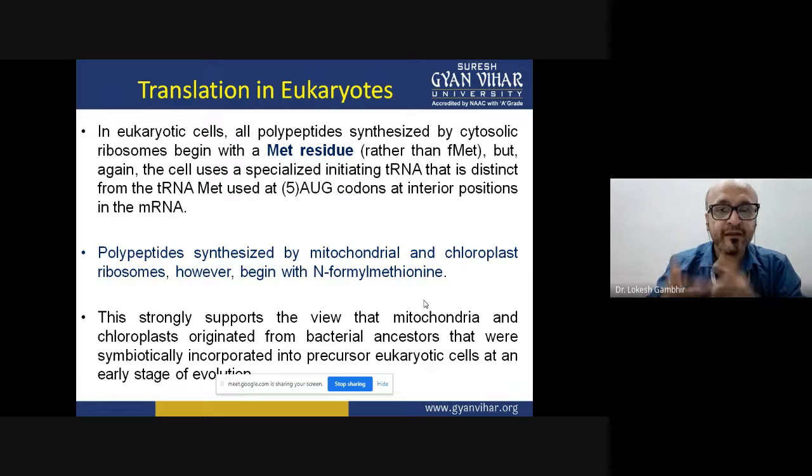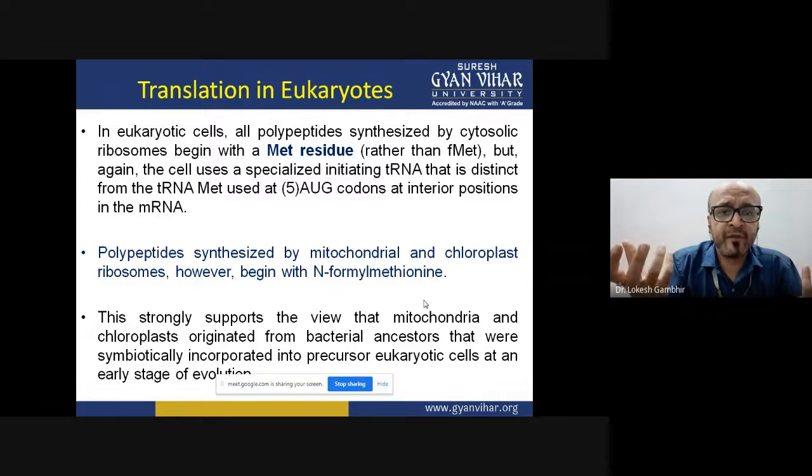That means the organelles present inside the cell which carry DNA, that is chloroplast and mitochondria, when they are forming proteins, the first amino acid is always formylated methionine, and that is another proof which augments the theory that the mitochondria and the chloroplast are of prokaryotic, or bacterial, origin. Their bacterial ancestors share the same process that is happening in prokaryotes.